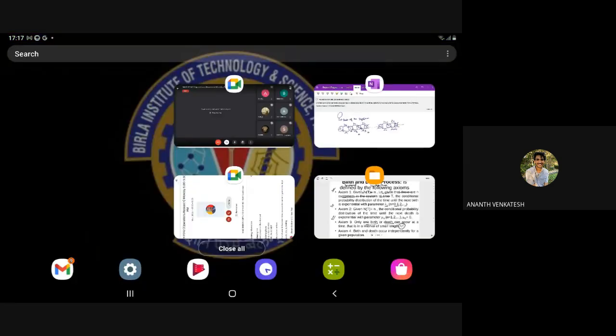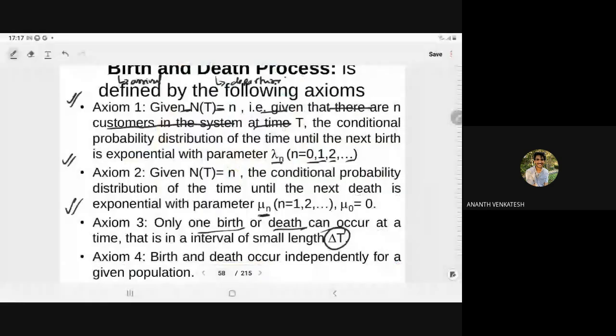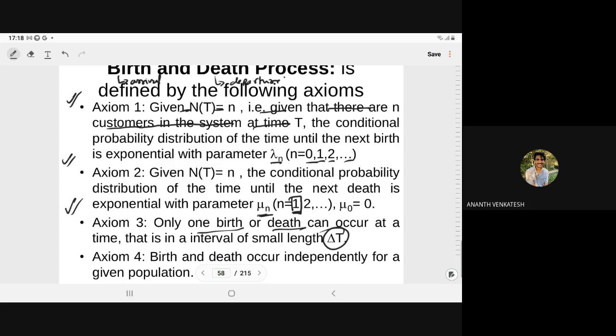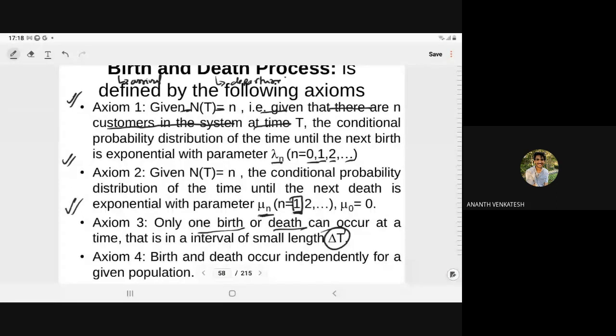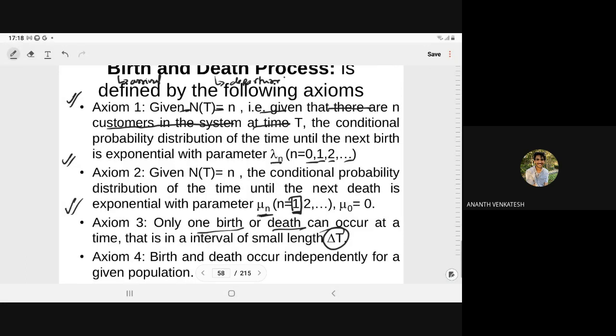So here you can notice, in case of mu n, n starts from 1, right? Why are we starting from 1? Because you are providing the service only when there is at least one customer. You cannot provide the service to the 0th customer. For providing the service, there must be at least one customer.